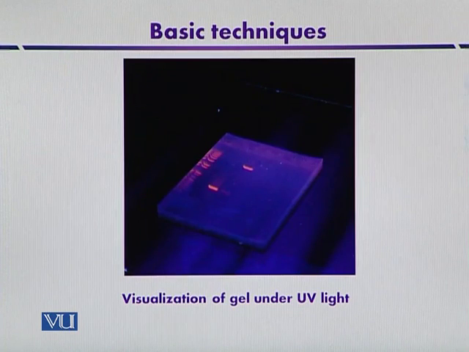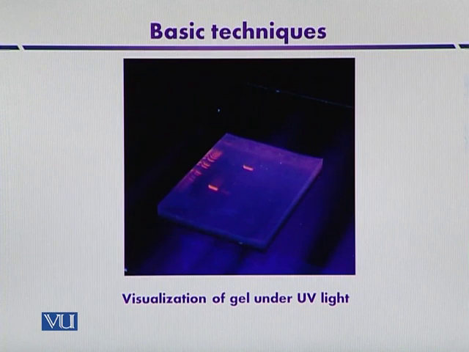So here is the visualization of DNA bands under ultraviolet light. If the gel is stained with ethidium bromide, then when it is exposed to UV light, the bands of DNA can be visible as orange color.